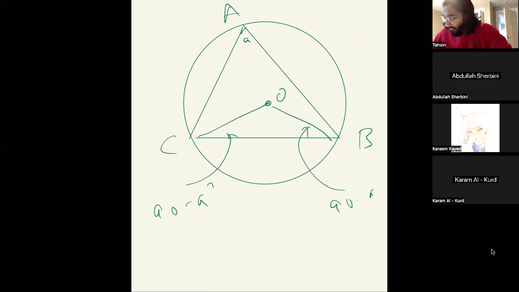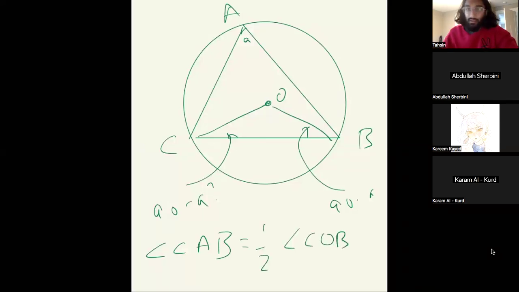Since we have this circle, CAB, that's our angle A, is actually 1/2 of COB, because COB is the angle of the arc, and CAB is half of the arc. So this guy is 2A, and then we have an isosceles triangle, so the other two are 90 minus A. Does it make sense?